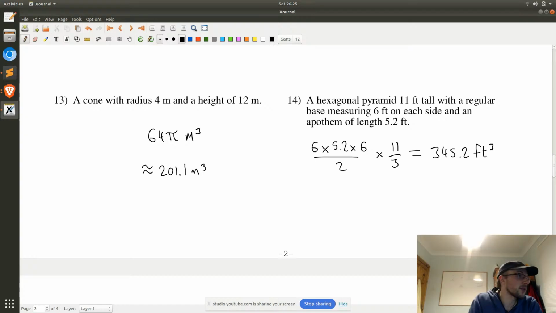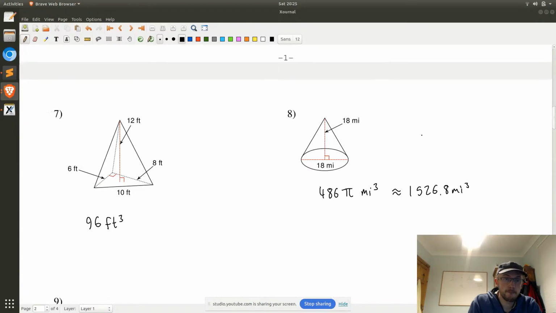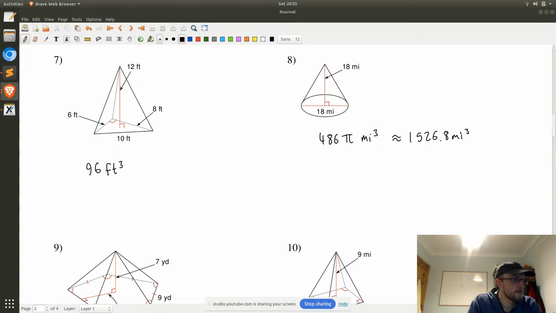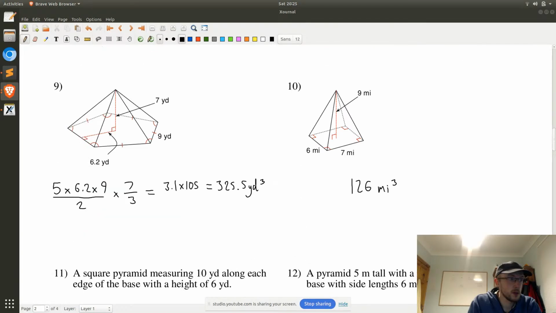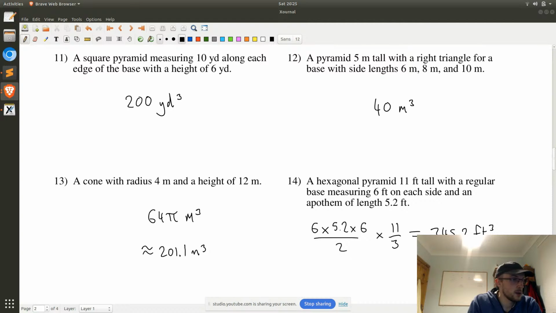And now we check everything. Correct. Oh, no, that's not right.